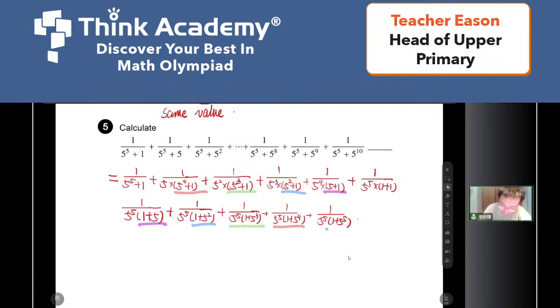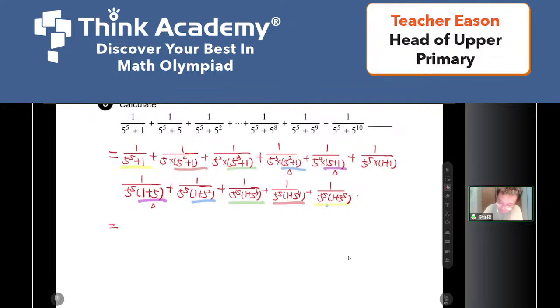And then for those in common, maybe we can put them together, right? So we may need to try pairing them together to see what will happen. Firstly, we pair these two together. And secondly, we pair the blue ones.